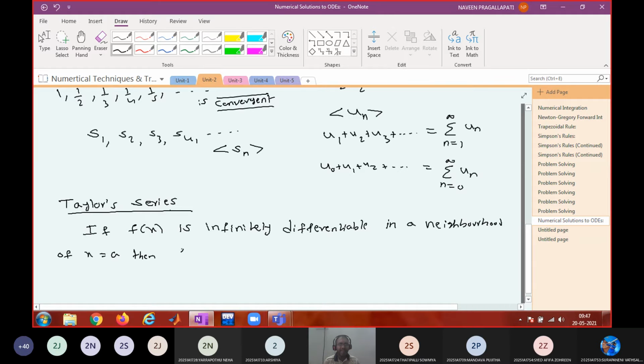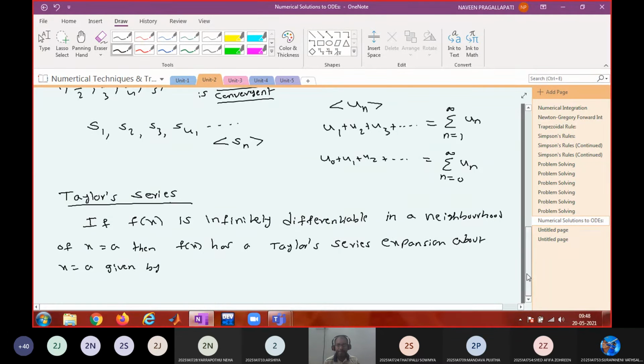Then f of x has a Taylor series expansion about x equal to a, given by f of x equals f of a plus f dash of a by 1 factorial into x minus a, plus f double dash of a by 2 factorial into x minus a whole square, plus and so on.